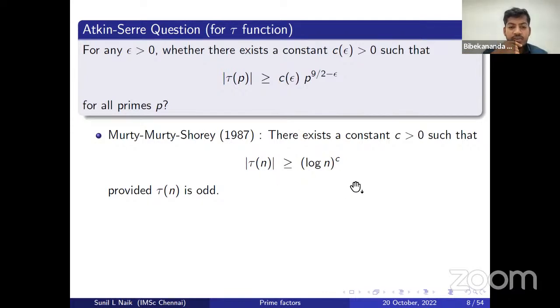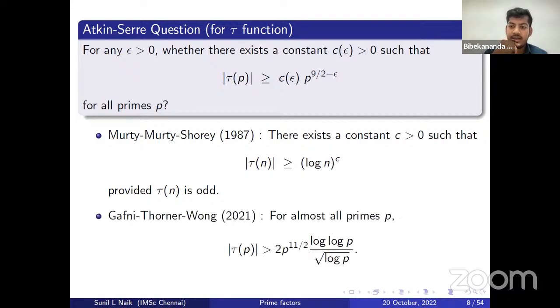And a similar kind of result has been done for other Fourier coefficients as well, like the Fourier coefficients of other Hecke eigenforms instead of tau of n. If you assume the coefficients to be integers, we can deduce this; otherwise, instead of the modulus, we have to take the heights of the Fourier coefficients.